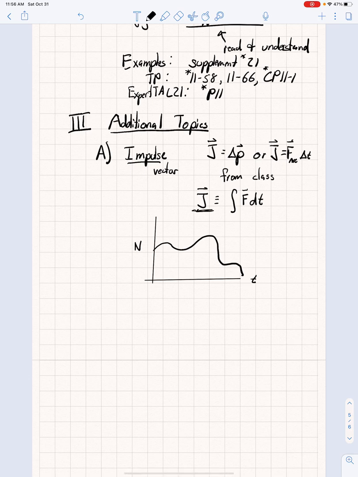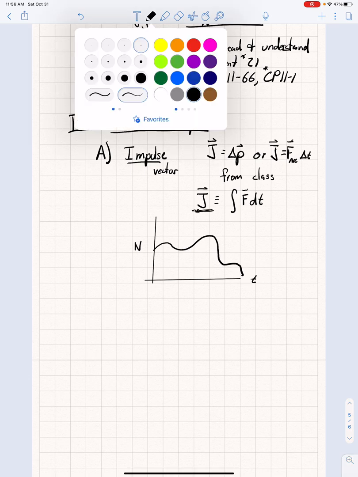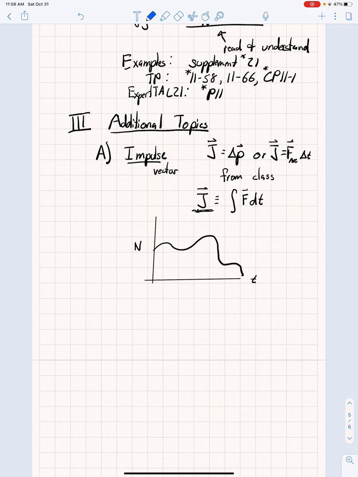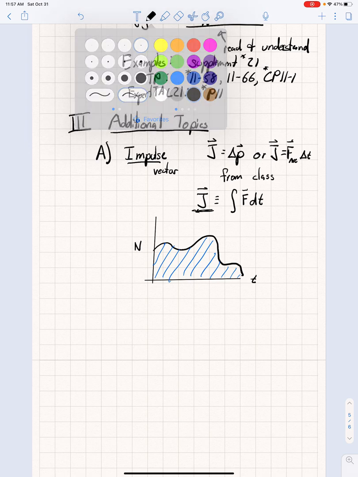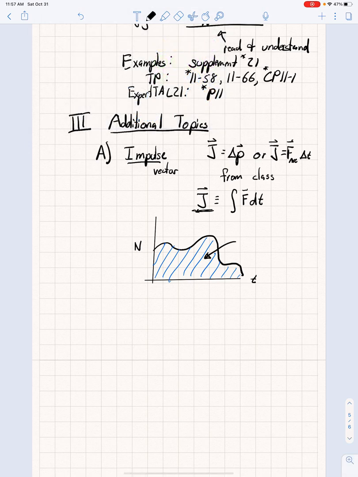My impulse is simply, when I integrate, the area underneath the curve. The magnitude of that area will be my impulse. All right.